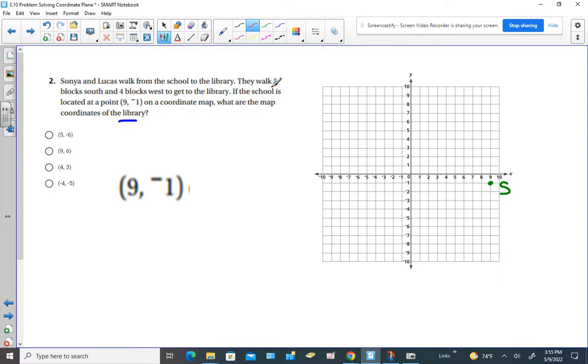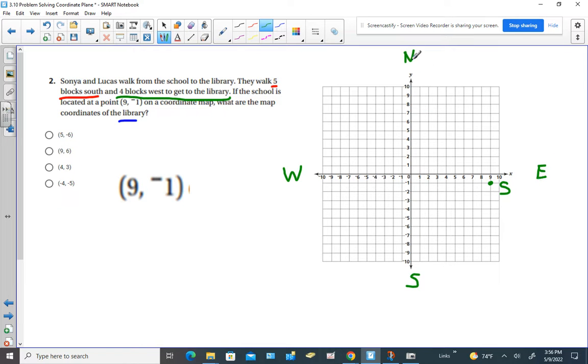All right, now let's pay attention to the different things that they give us as directions. So they mention 5 blocks south, and they mention 4 blocks west to get to the library. So let me put north and south here, and west and east here, and let's think about directions.